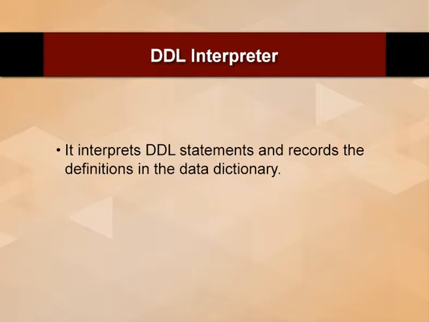One is the DDL, data definition language, the other is the DML, data manipulation language, the other is the TCL, transaction control language, and the last one is the DCL, data control language. DDL statements are normally used to define the database structure and the table structures. So, it interprets the DDL statement given by the user and records the definitions, the schema, in the data dictionary.